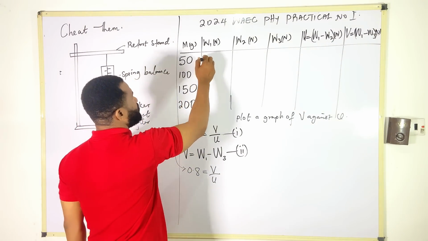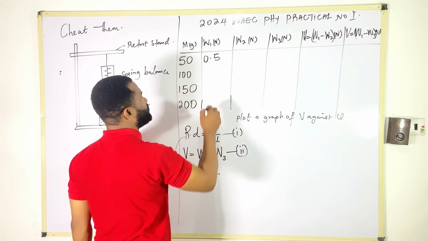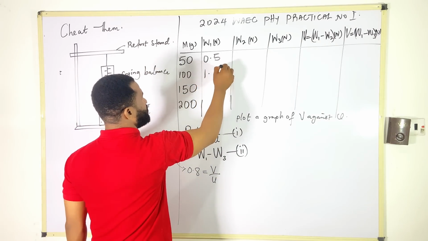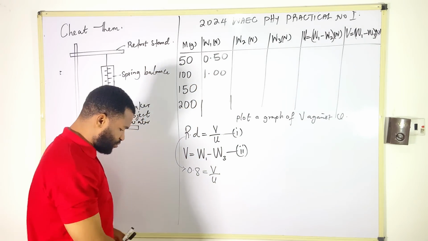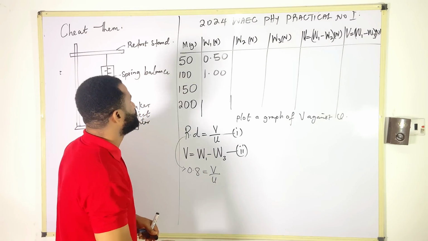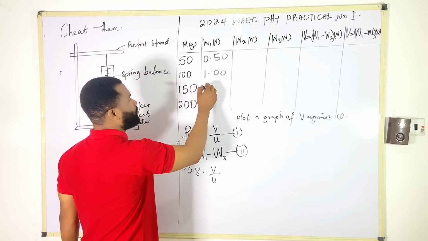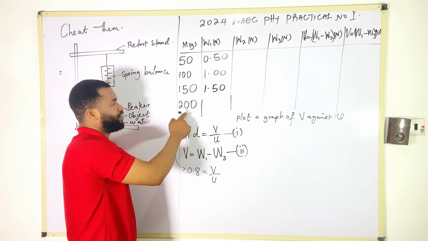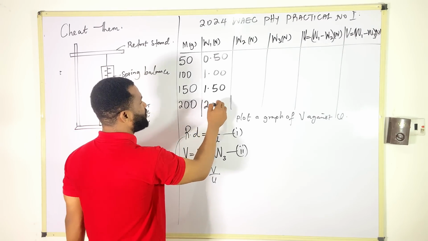So this divided by 100 is going to give you 0.50. This divided by 100 gives you 1.00. Sorry, let me complete that to two decimal places. Divide this by 100, you have 1.50. Divide it by 100, you have 2.00.